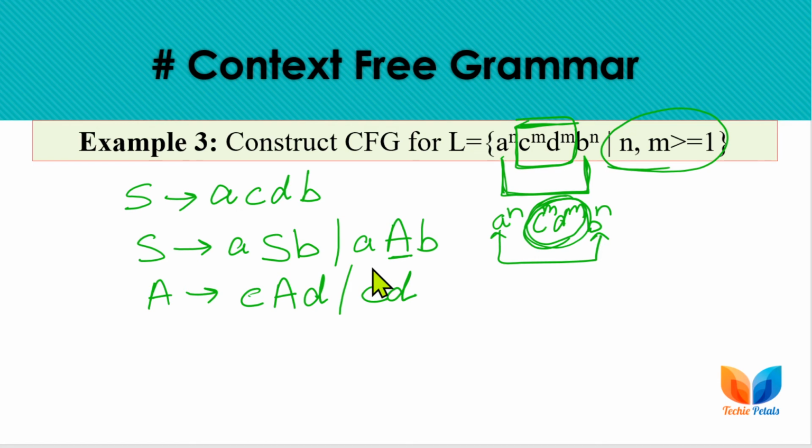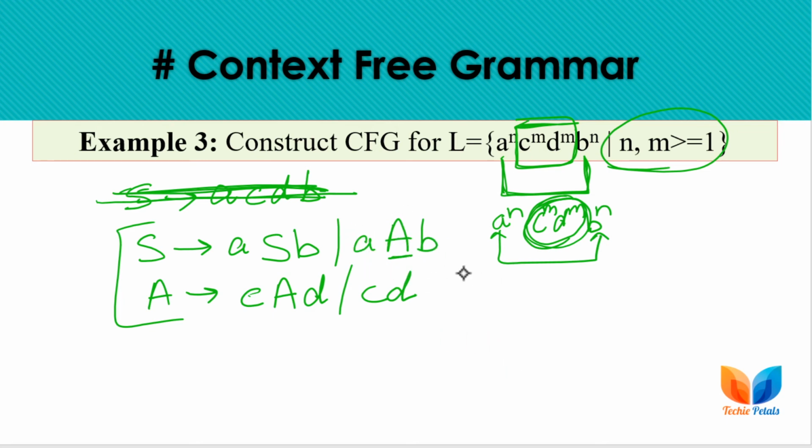So again we can neglect this minimum rule, as we can derive the minimum string from these rules only. Okay, so we will be moving to A after receiving at least one AB. If we want to put AB in iteration, then we can repeat this rule, and if we have only one occurrence of AB on left and right, then we can directly start with the second production rule.